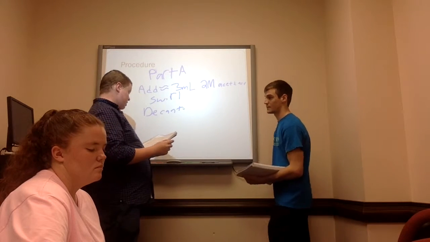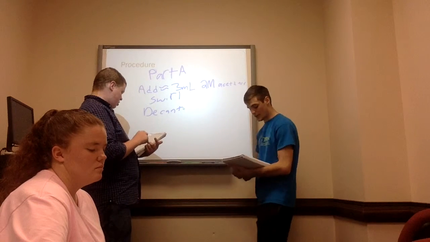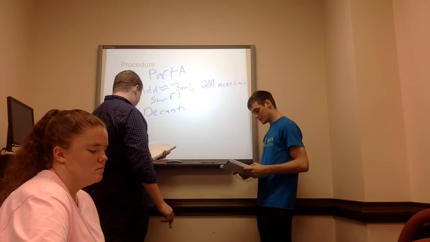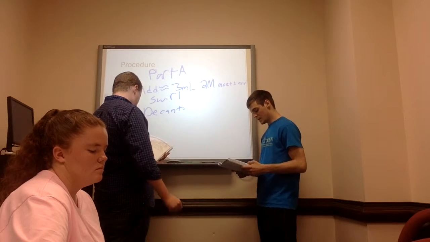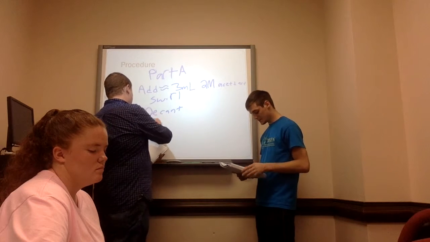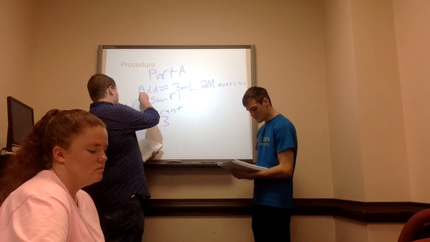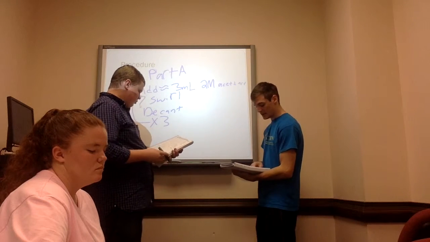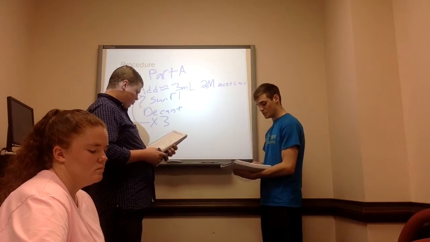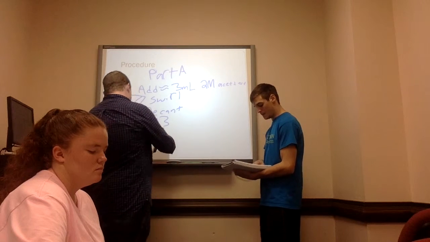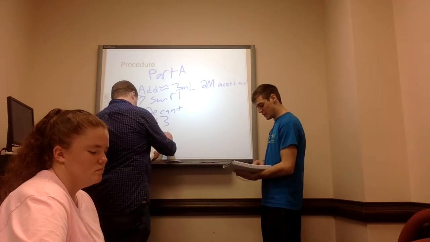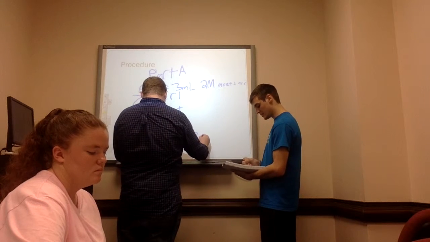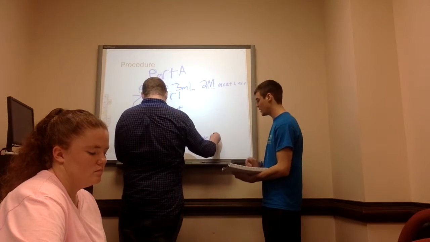You wanted to leave all the solid zinc in its original container? Correct. And so you repeated those steps how many times? 3 times. Okay. And next I discarded the acetic acid into the collection beaker. And I washed the solid zinc 3 times with DI water.